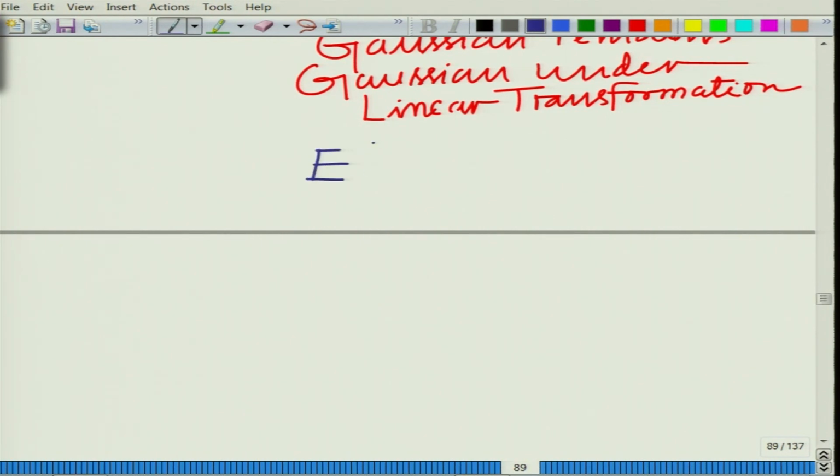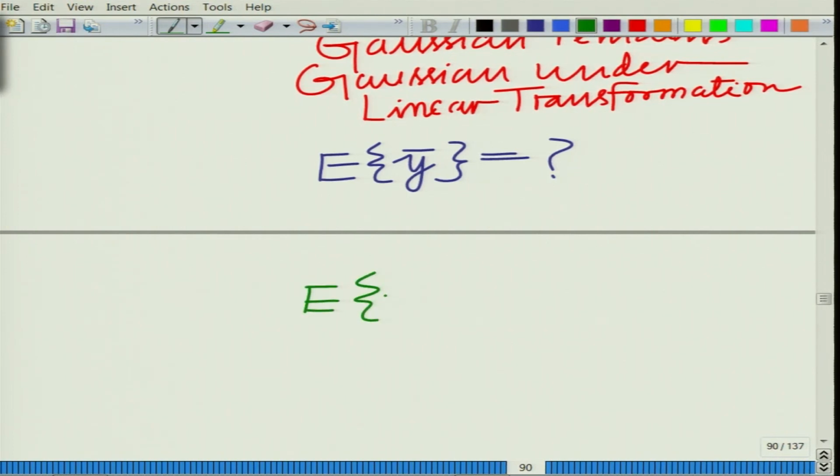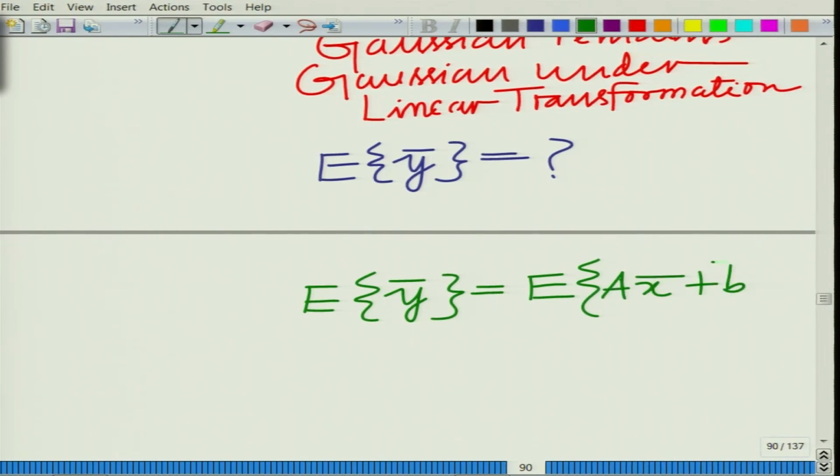Further, now let us ask the question, what are the mean and variance, that is what is expected value of y bar. This is very simple to find. Expected value of y bar equals expected value of A times x bar.